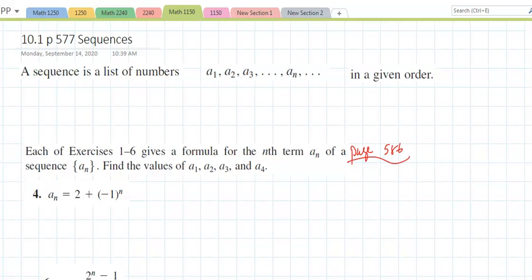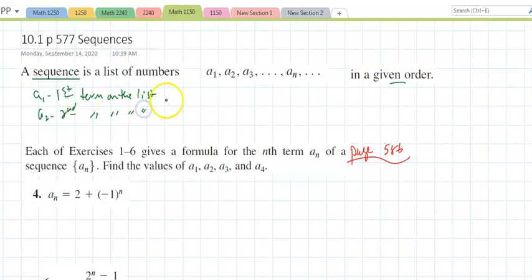So, what is a sequence? A sequence is a list of numbers in a given order. A sub 1 is the first term on the sequence or on the list. A sub 2 is the second, obviously.